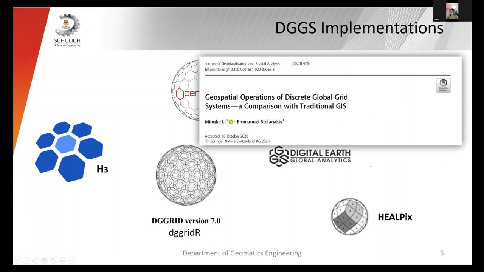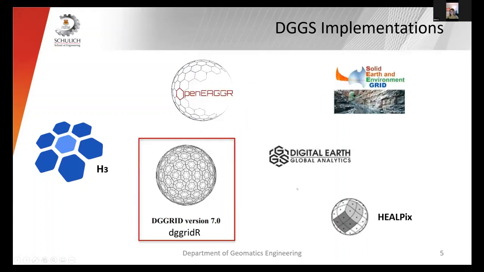We have a small comparison summary of a few examples in our recent paper, so I put it here if someone would like to have a look later. For my own research, I use the Discrete library, and specifically, I use the R binding of that library called DGGRID R.